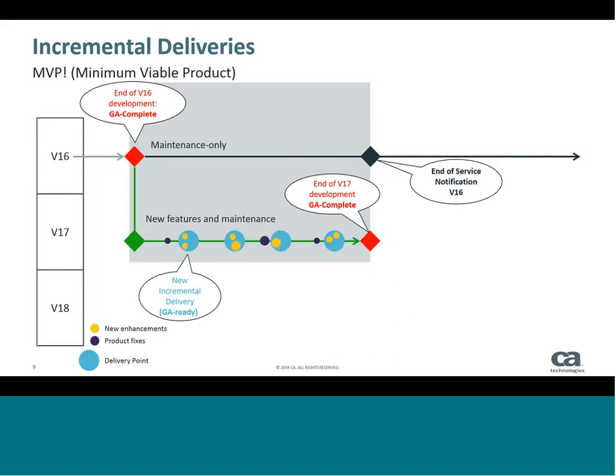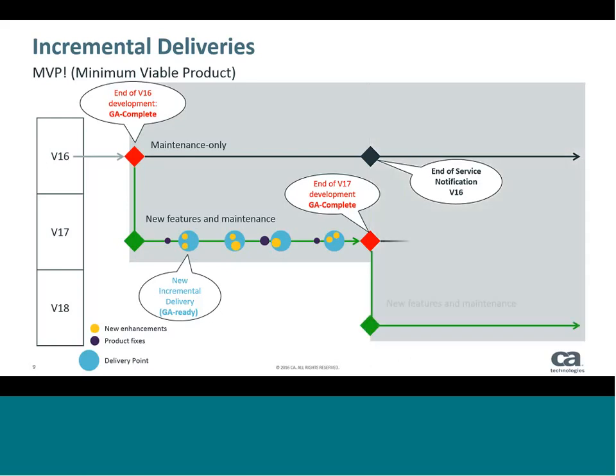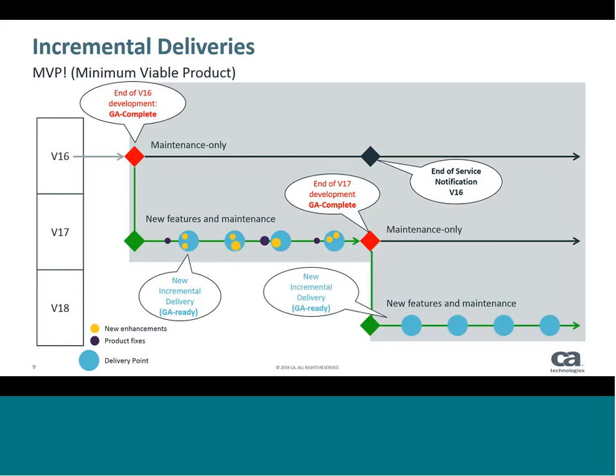Anybody in the Endevor community can install those features. The process will go on until we get all of the planned functionality enhancements for the release delivered, and then we'll mark that release GA complete. Then the process continues with, in this case, version 18, where we'll create the base increment and begin delivering features for that.